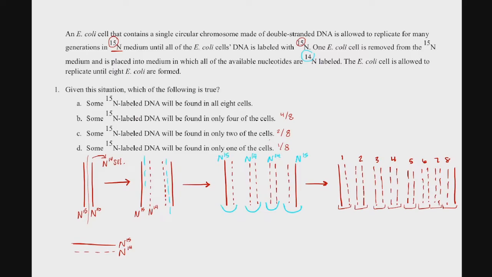So at the very end here, we're seeing that same replication pattern with 8, and we still only have 2 of those strands that are N15 from the original because of the solution they were in, making C the correct answer.